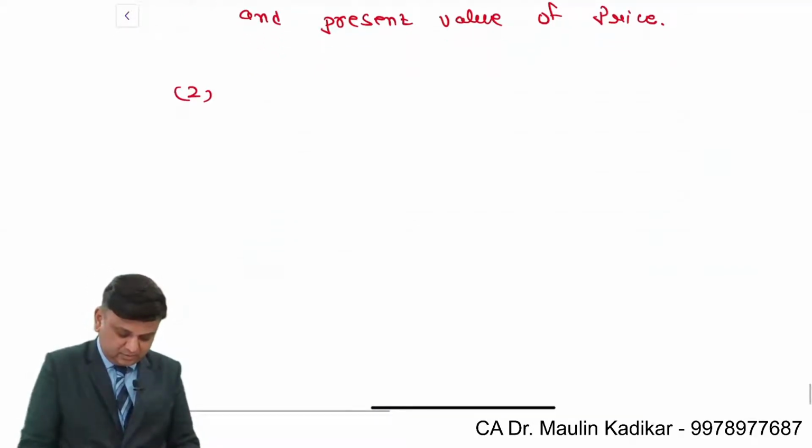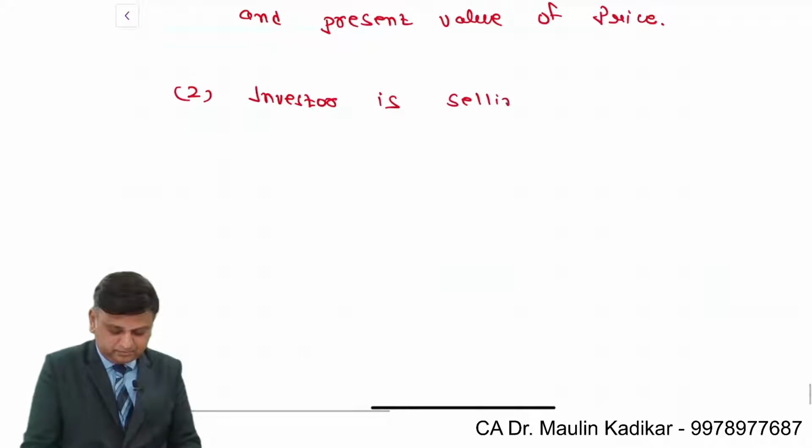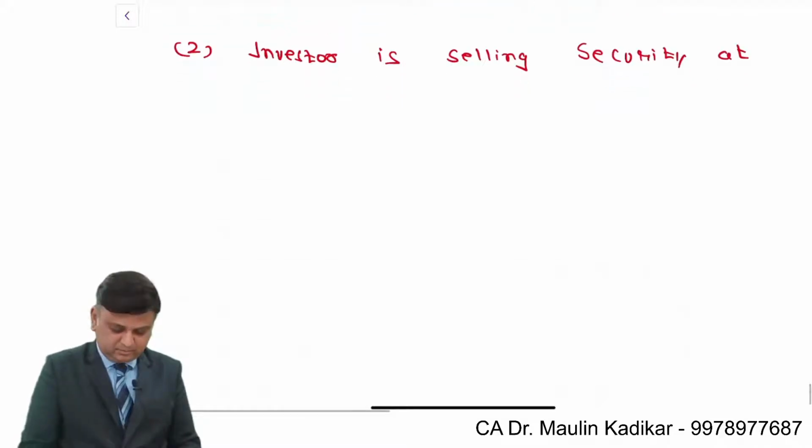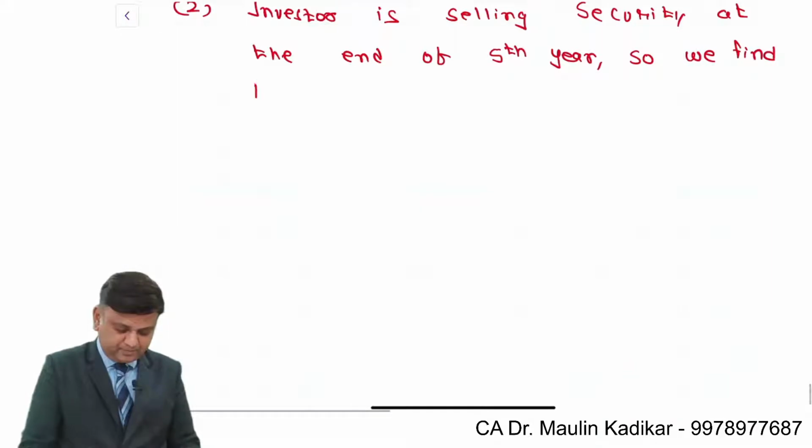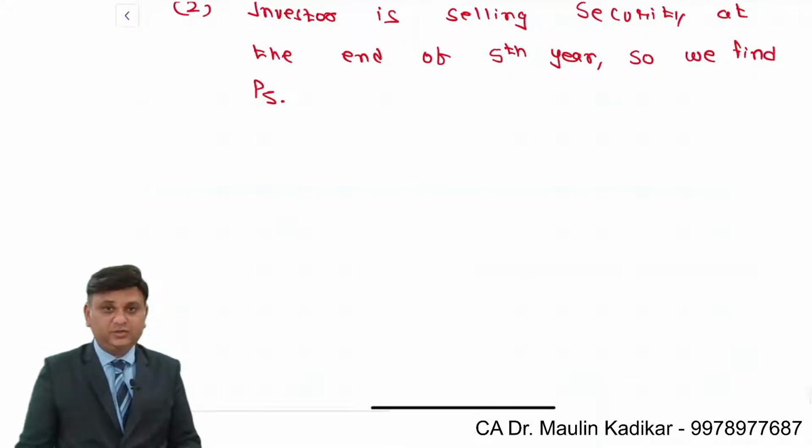Second point, investor is selling security at the end of fifth year, so we find P5.